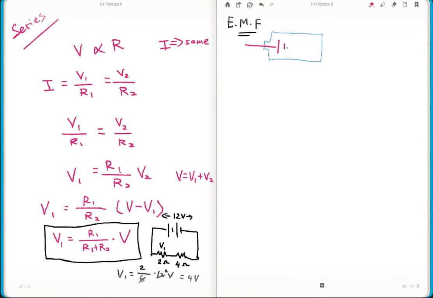Now when you have this chemical, you have learned in chemistry, I hope you were able to relate, the chemical reaction, when ions and cations move around inside the cell, what happens? They are going to have friction, and this friction contributes to what is called internal resistance before the current really comes out of your cell, where you label this as the positive terminal and this as the negative terminal. So in our actual case, you have internal resistance, small r.